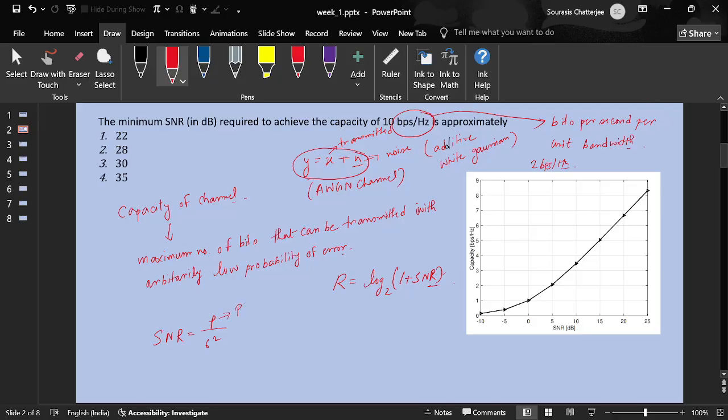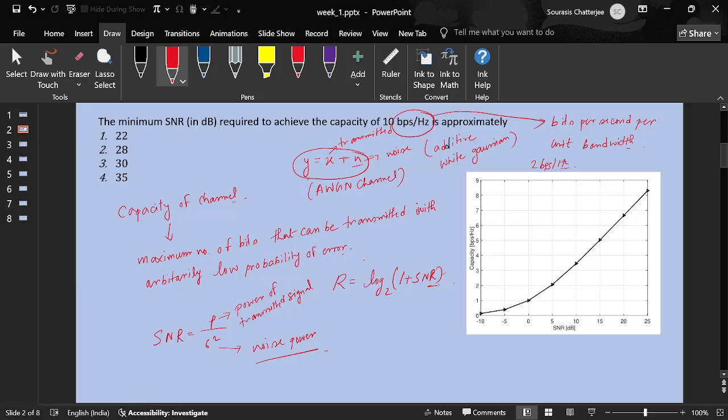P is the power of the transmitted signal and sigma square is the noise power.